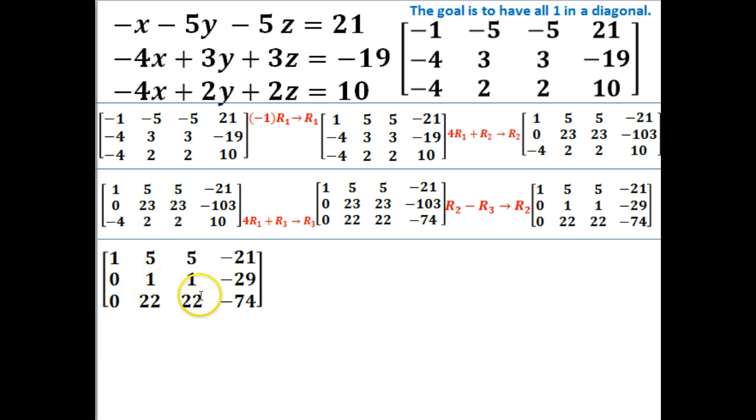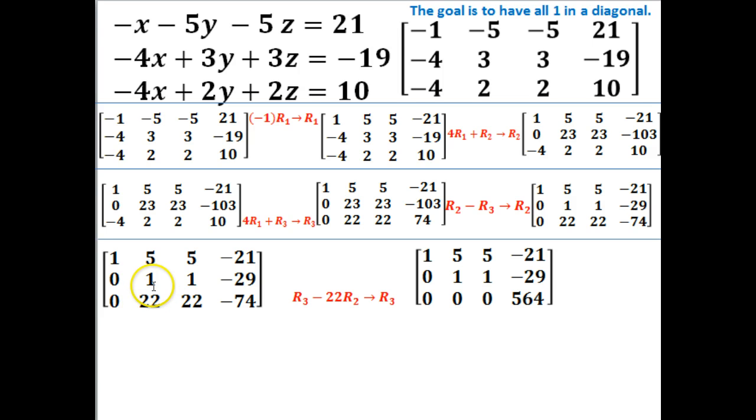That means in order for this one to be a 0, I'm going to take my row 3 and then subtract 22 times row 2. And that sounds a little bit difficult. It's not too bad. You've got your calculator, just plug it in. But our goal again here is just to have this one be 0, and we can do that if we take this one and subtract 22 times this one. So I'm going to do that now.